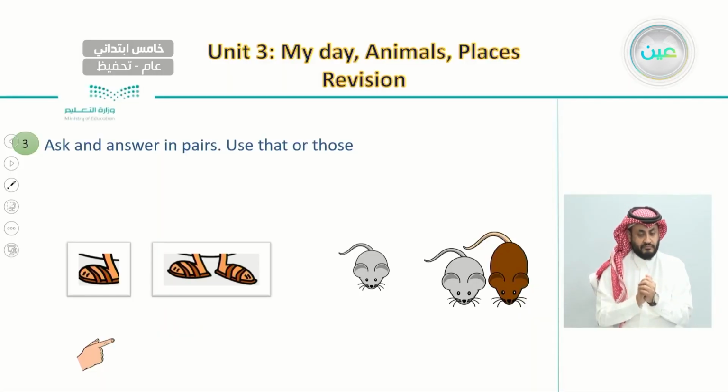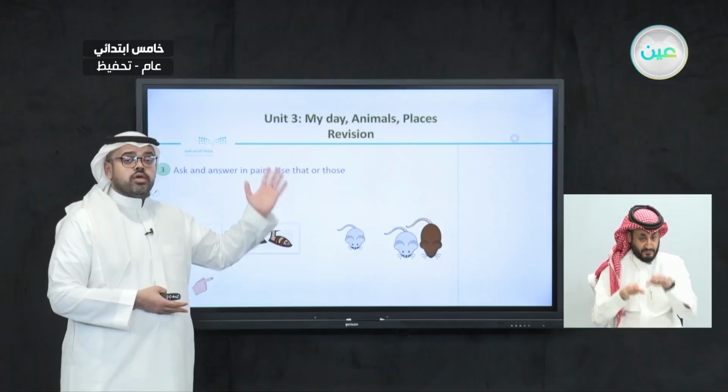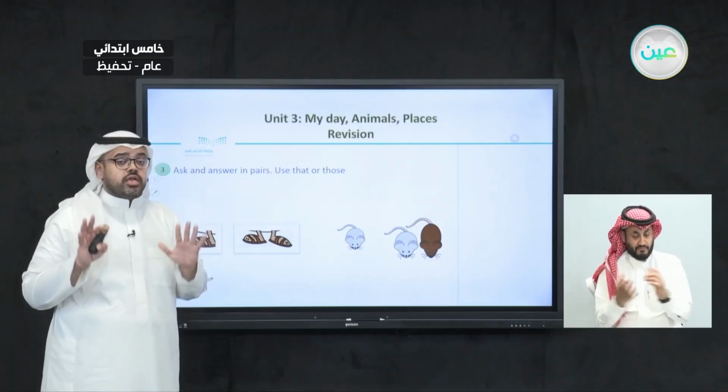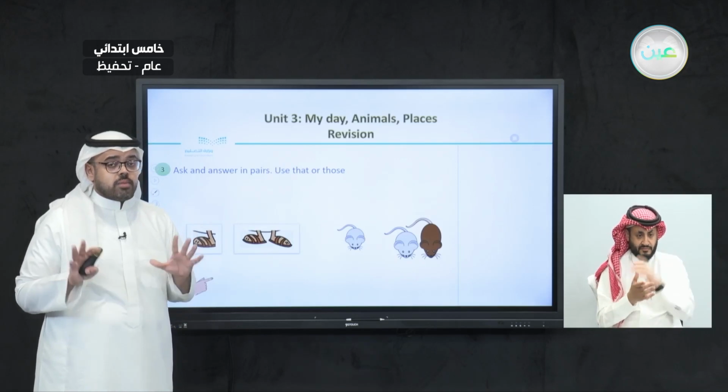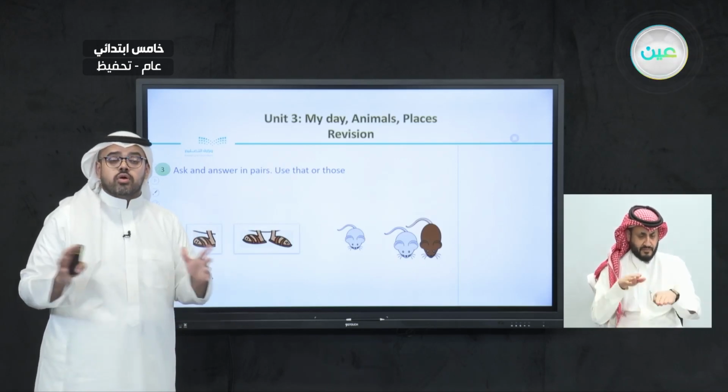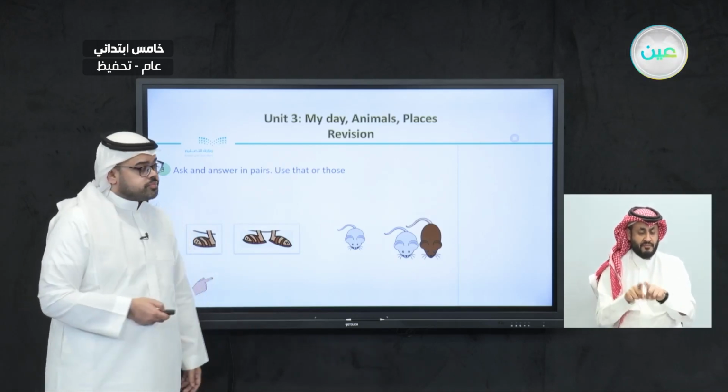The same goes with the third picture. Because I have only 1 mouse, I would say, what is that? And in the other picture, I have 2, so I would say, what are those? So this is the difference between that and those, and it is very important that you practice these differences with a partner.